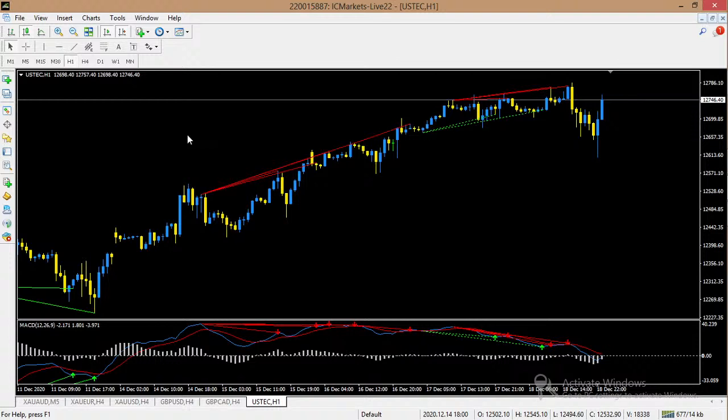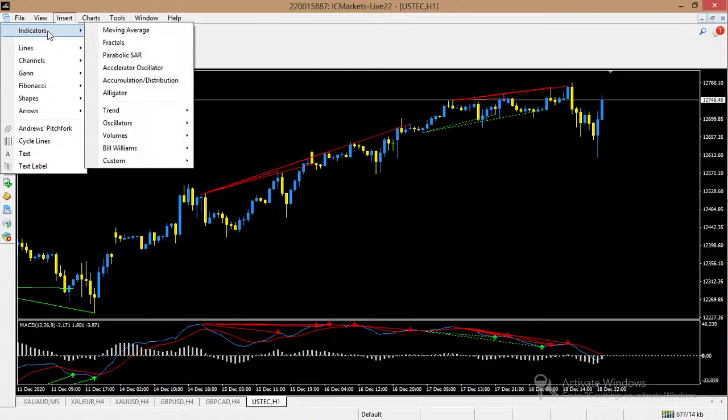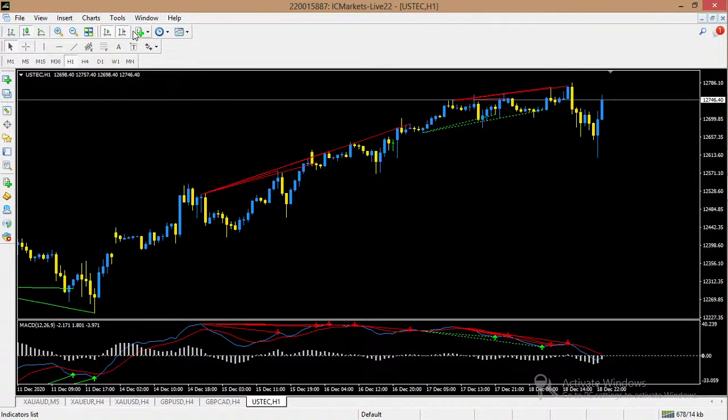So this is what you need to do. You go to insert here and choose the indicators, then you come to moving average, but then I would like to simply use this indicators list.